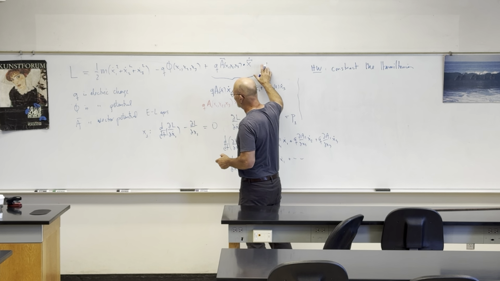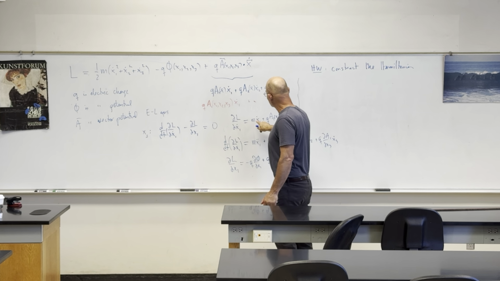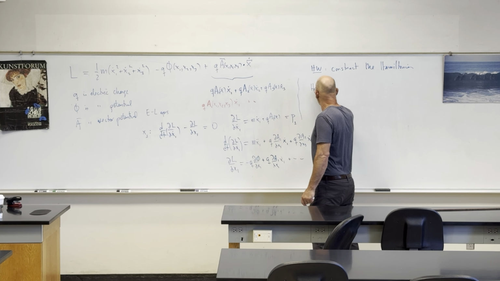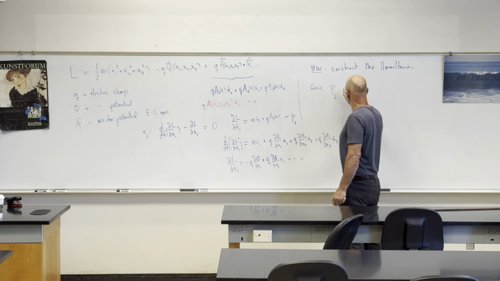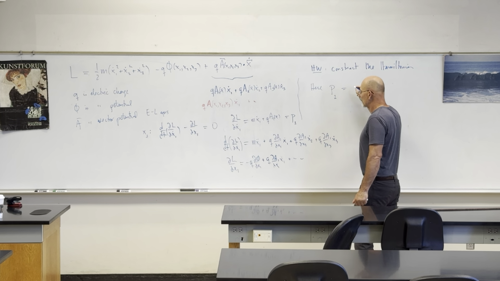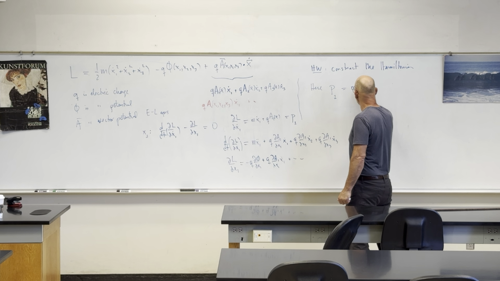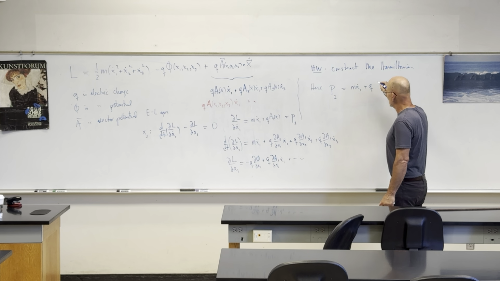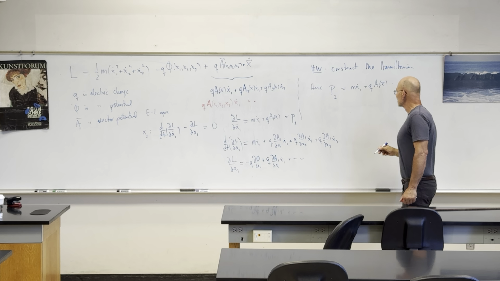Expand this thing out completely, and then express all of your x dots in terms of this. So here, P sub 1 is equal to, right here, m x1 dot plus q a1 of the vector x.